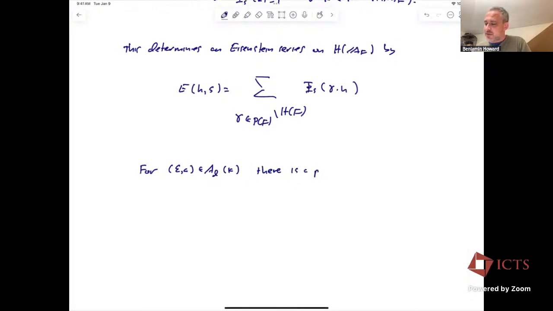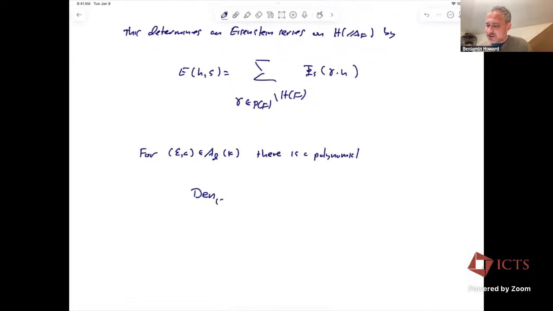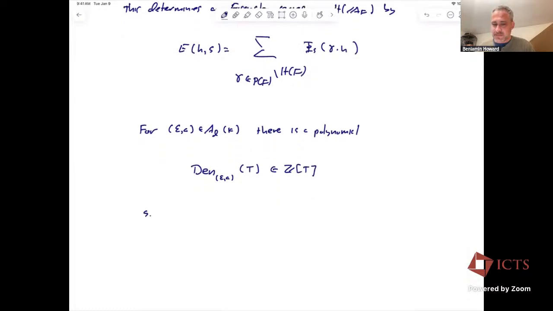Well, there's a polynomial that comes from Siegel's theory of local representation densities, which is a whole other mini course. But there is some polynomial with coefficients in Z such that the E coefficient of the Eisenstein series is you take this density polynomial and you evaluate it at q to the minus 2s.